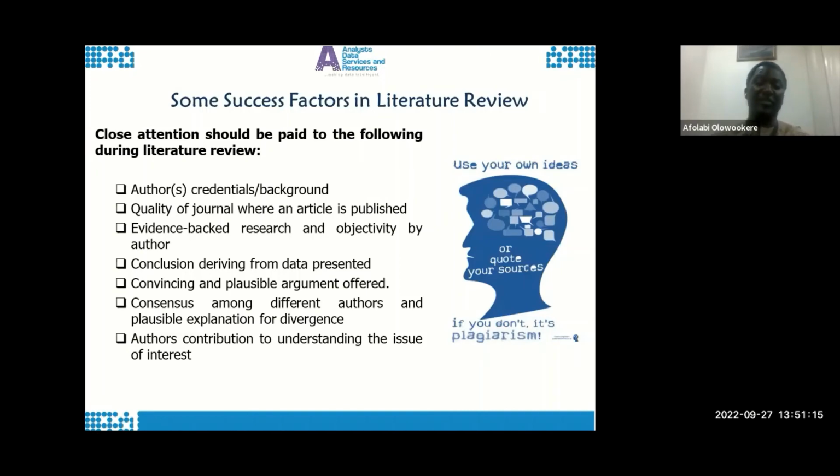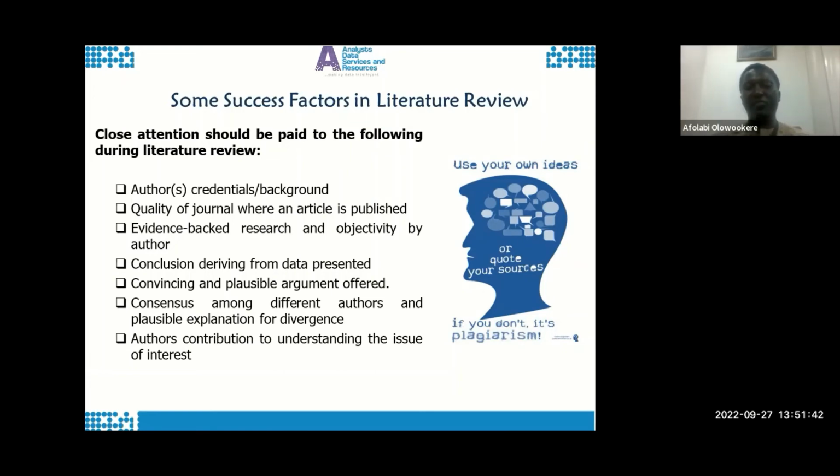Everybody is subjective in one form or the other, but there are things that will show what the interest of this person is, and if they are arguing in that area, they may probably be less objective than others. What are the conclusions that the person is deriving from the data? There are people who just present data, but they draw another conclusion from the data, and they make it in such a logical way that you would have forgotten about the data. So you must also be able to say, is this saying what the data is saying?